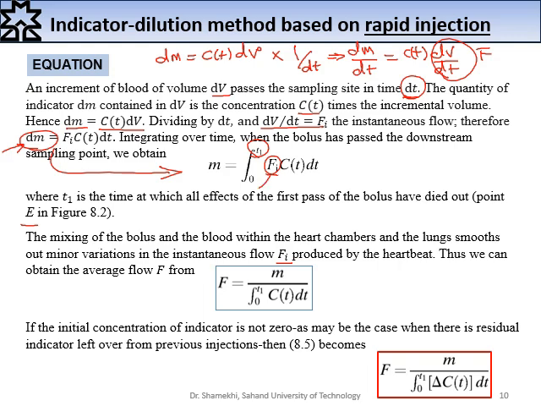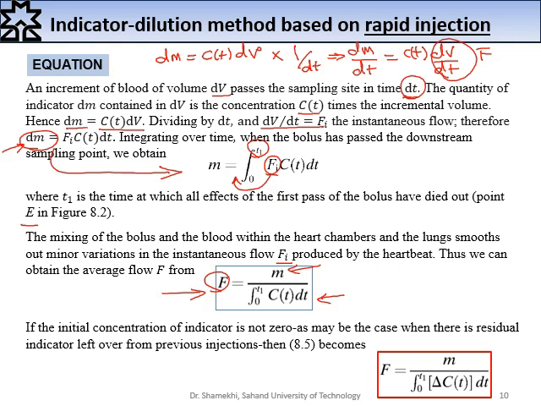Therefore, we can bring this parameter out of the integral, and now we have an equation to find the flow rate from the bolus mass and the integral of Ct dt.